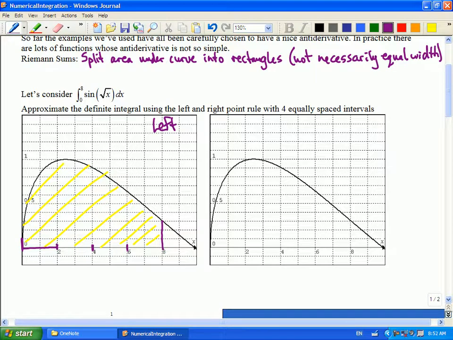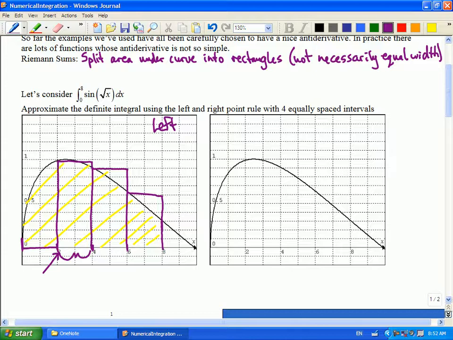And then here's the second rectangle. This is the left side, so that's the one that I would pick to draw my rectangle on. And if I keep going through this process using the left side, these are the rectangles I'm going to use to approximate the area under the curve.